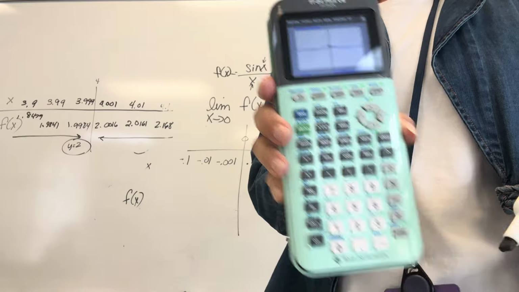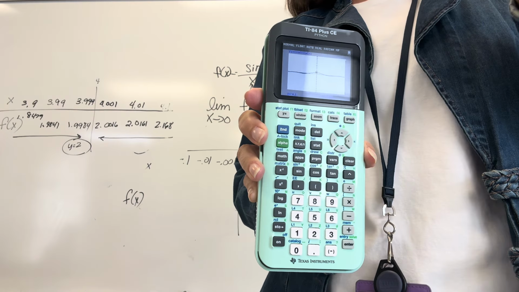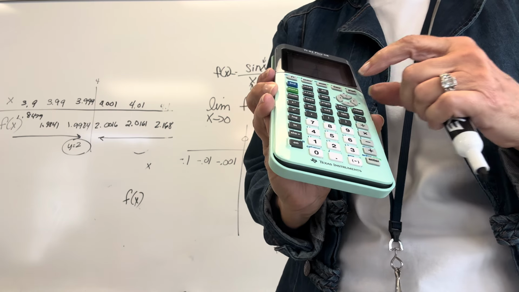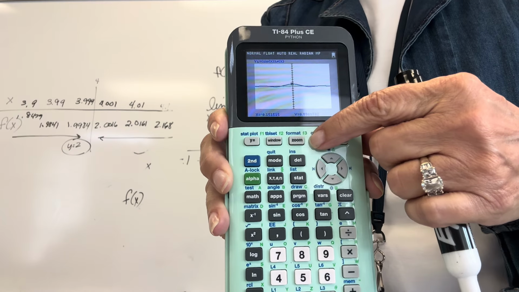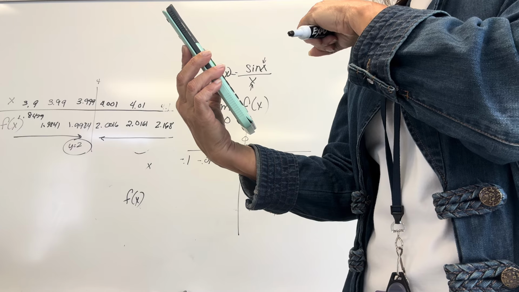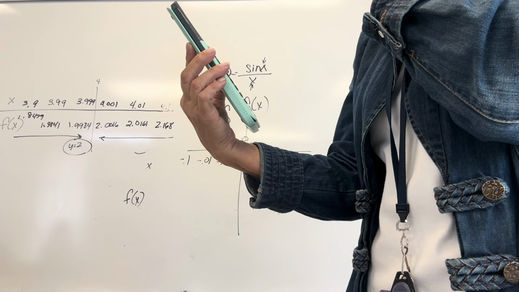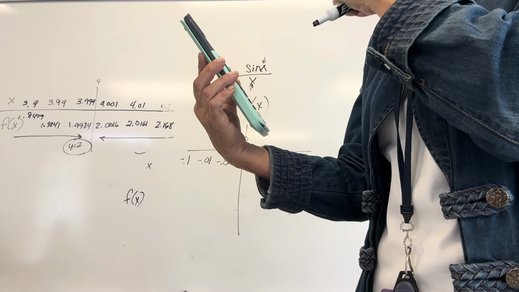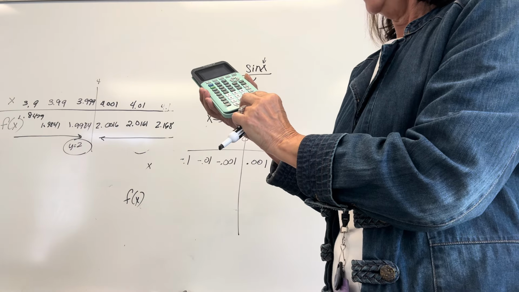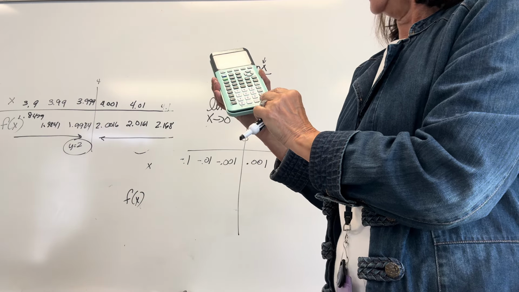Everybody look. If you graph it, ours you're not going to have to graph, but if you graph it, this might be helpful with your homework. If you do trace, you just click trace and then put the number in. And then let's say negative 0.1 and enter.